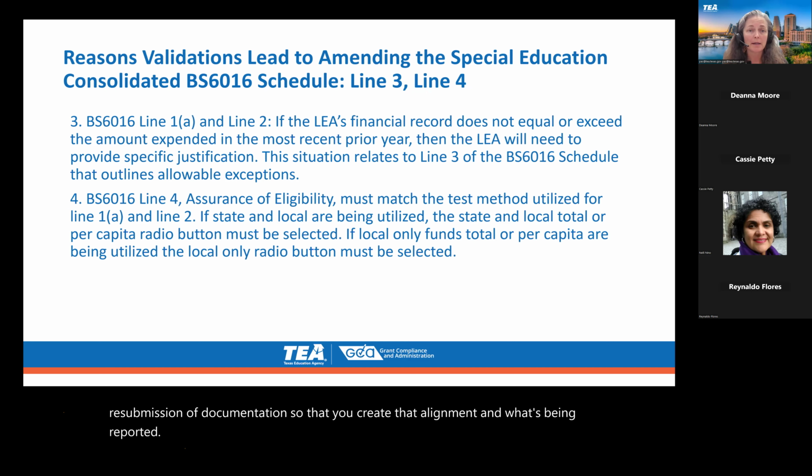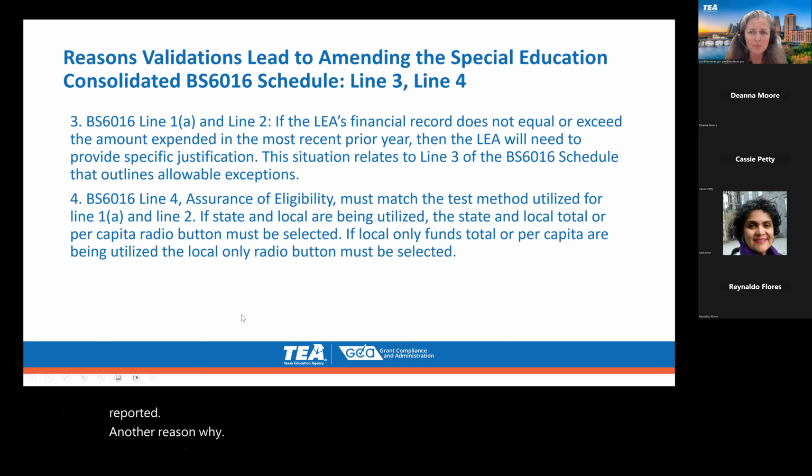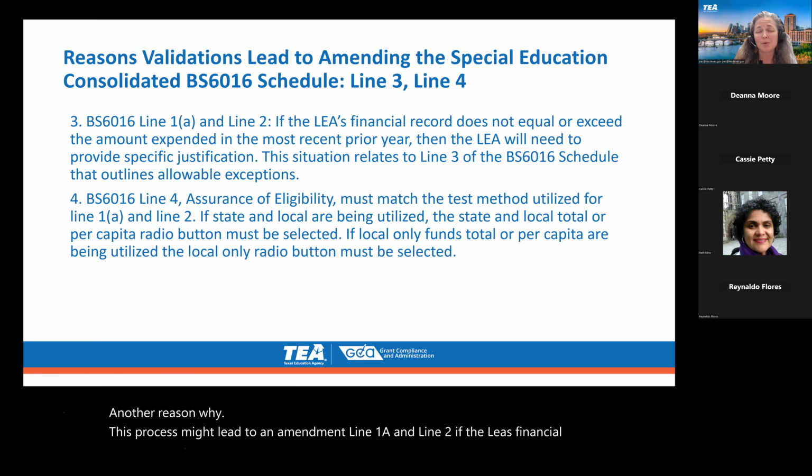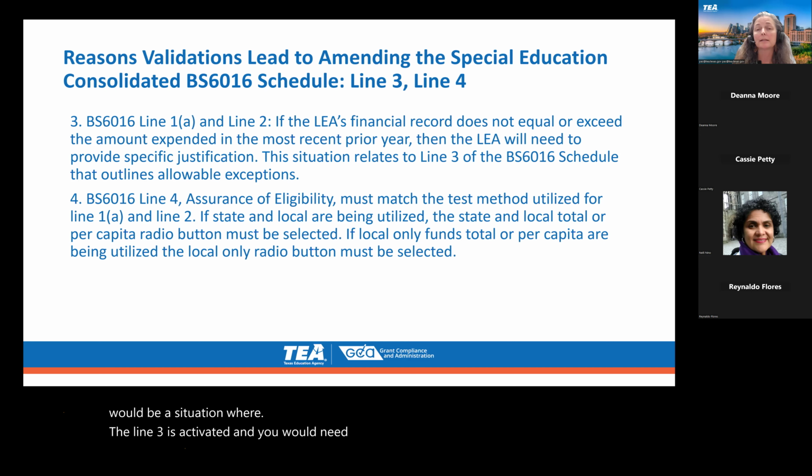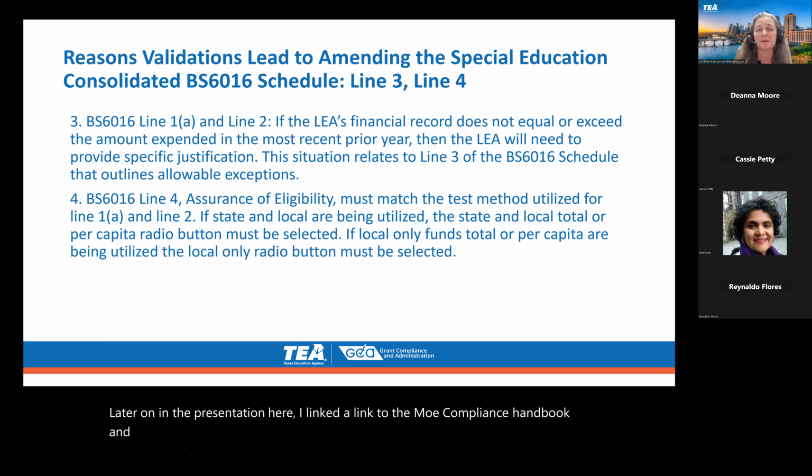Another reason why this process might lead to an amendment: line 1A and line 2, if the LEA's financial records do not equal the amount expended in the most recent prior year, then that would be a situation where line 3 is activated and you would need to select an allowable exception. Later on in the presentation, I linked the MOE compliance handbook, and it has a wealth of information in there.